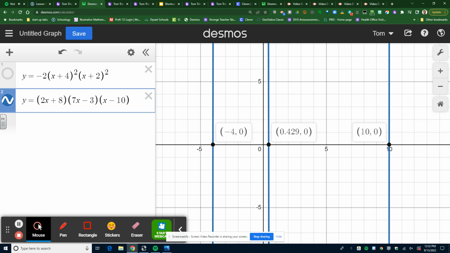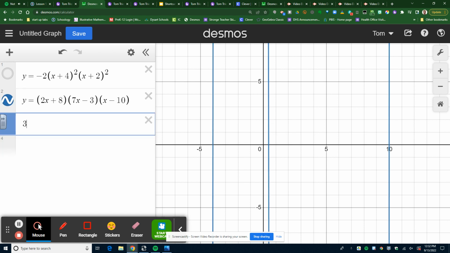Let's go to the line below it. Do 3 divided by 7. 0.42857. Any fraction can be rewritten as a repeating decimal: 0.428571 with a line over it. So it's a 6-digit repeating decimal, and that's what sevenths will give you.